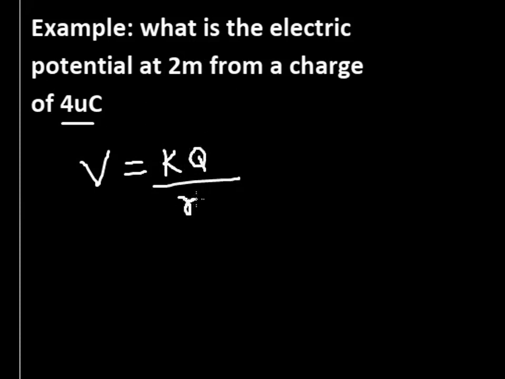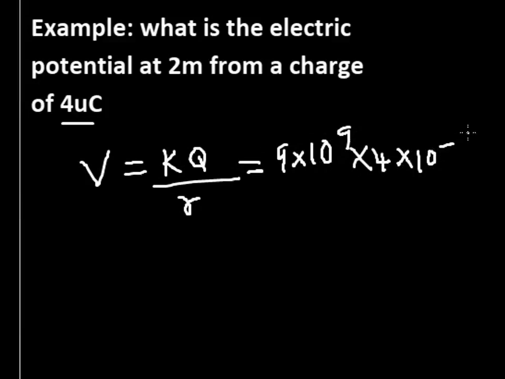all over R. Our K is 9 times 10 to the power of 9, right? Then multiply by the Q, which is 4 times 10 raised to the power of minus 6, divided by the distance, 2 meters.